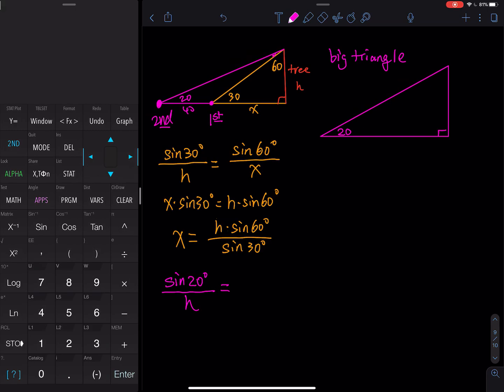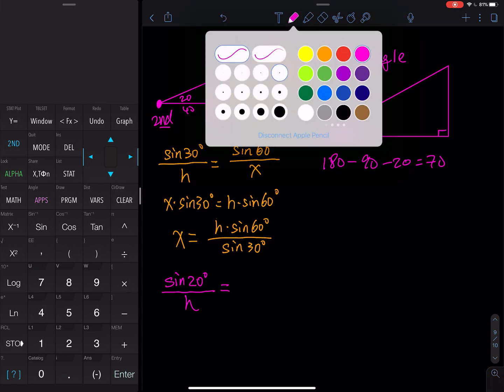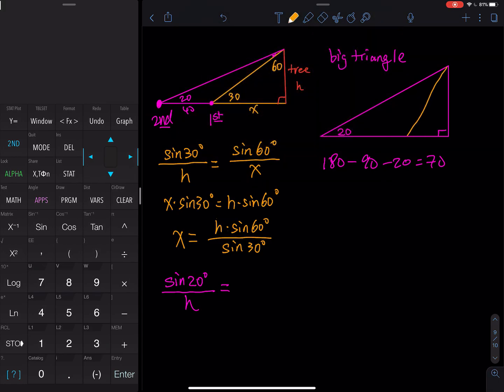I can do 180 minus the right angle minus 20, which equals 70. So the angle right here is 70 degrees. But we have a cut, so the cut is right here, and that is a 60 degree angle. What about this piece? To find that piece, we take 70 minus 60 equals 10. So this is a 10 degree angle.